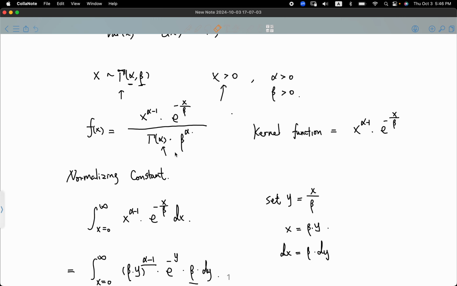So what we show is that when you integrate the kernel function, you end up with the normalizing constant, which serves its purpose. When you divide by that constant and integrate again, for example, when you integrate this expression from 0 to infinity, you end up with 1. So the area under the curve for a probability density function always equals 1.